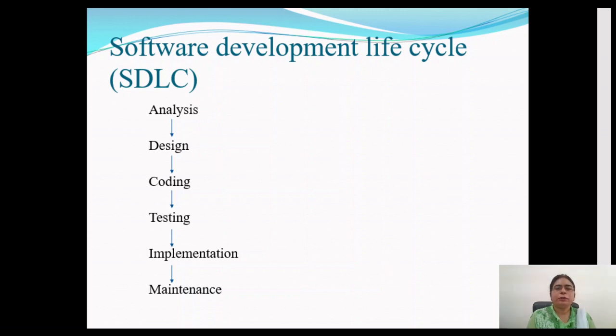If by providing those inputs we get the correct output, then this means that the software is working properly. But if the software is not giving the correct output, then it is not working properly. So we test the software for proper output.